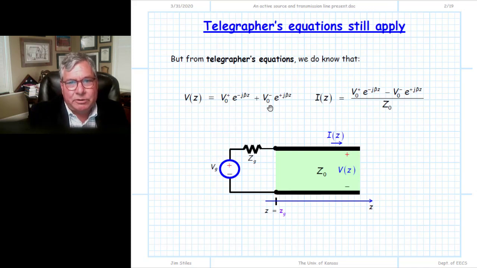What we want to attempt to do now is again use boundary conditions to go through and find, for a case of a source connected to a transmission line, the relationship between V0 plus and V0 minus. And what we'll find is very different than what we had for a terminated transmission line because, of course, we have a very different device that is connected to our transmission line.